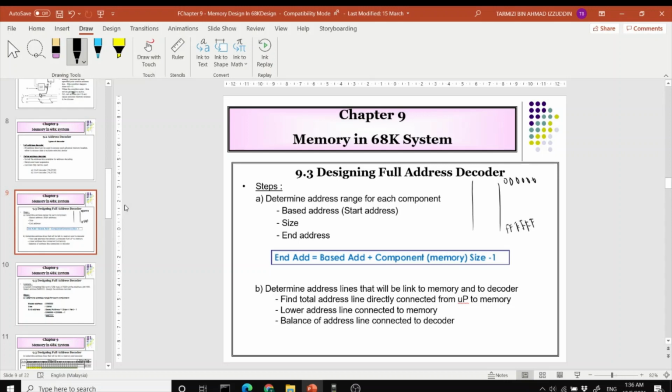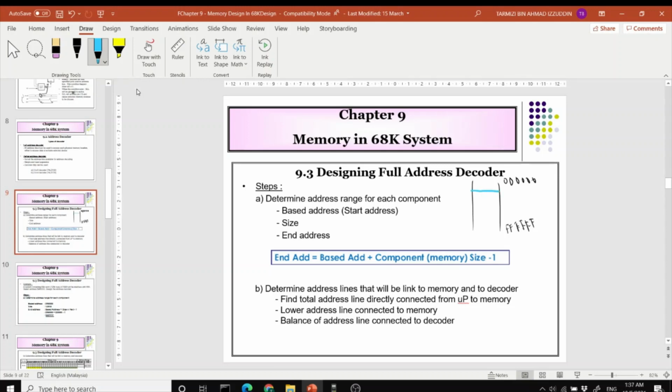So in the first step, you need to identify how many addresses you're going to use in order to interface with the memory module.